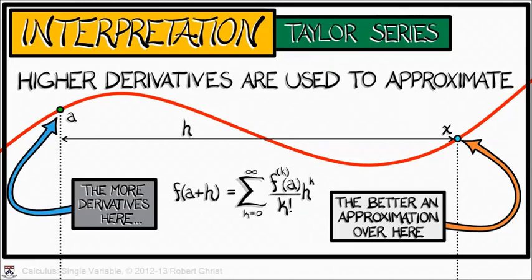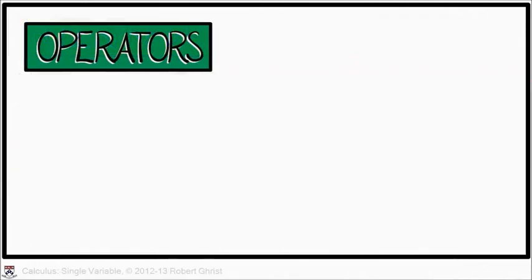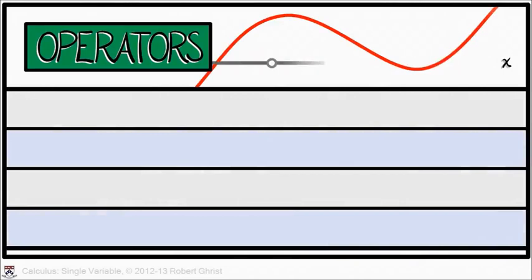Let's take a few minutes and think a bit. In what follows, I'm going to use the language of operators, where, for purposes of this course, an operator is something that takes as its input a function and returns as its output another function. What are some examples of operators?